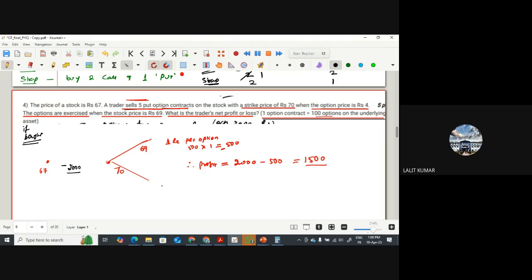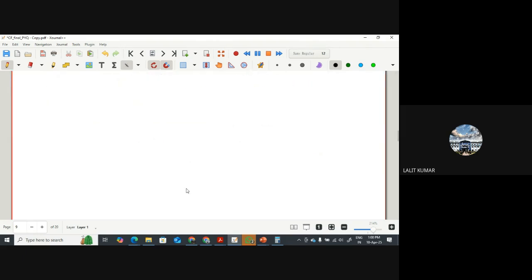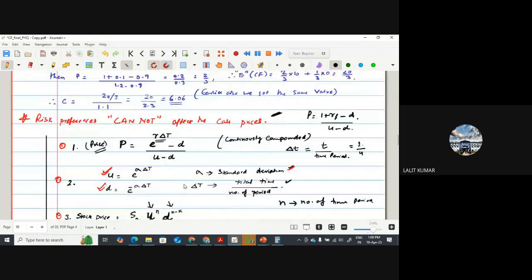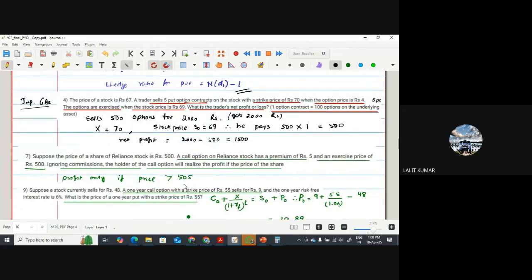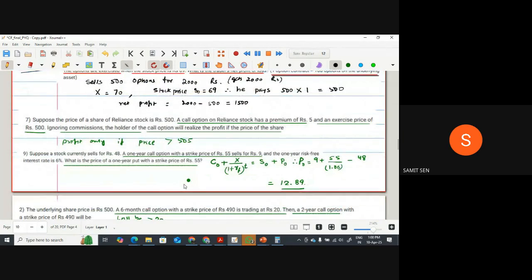And he will get only 500 rupees. So in that case, his profit will be minus 2000 plus 500. Is this understanding clear? Any confusion in call and put? Okay. So now with the same, things become very easy.